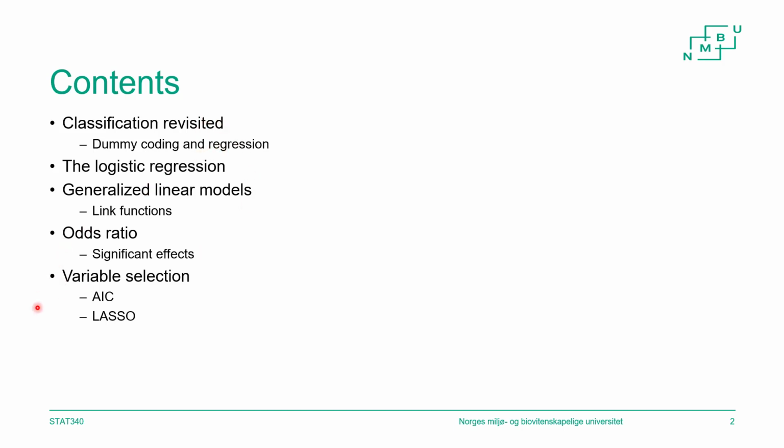If you go back to week 6 and 7, we talked quite a lot about that. So we will see some of the concepts we saw then, the Akaike's information criterion, and also the lasso method implemented for logistic regression. So we can actually do variable selection in exactly the same ways as before, and that's nice.